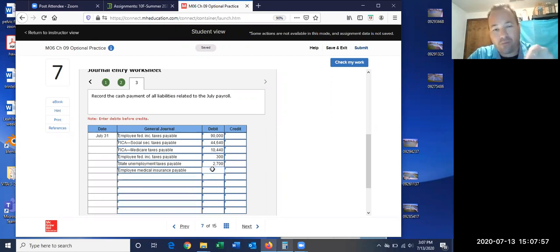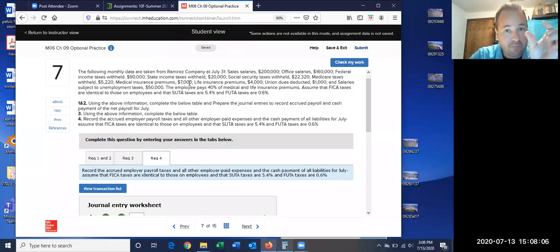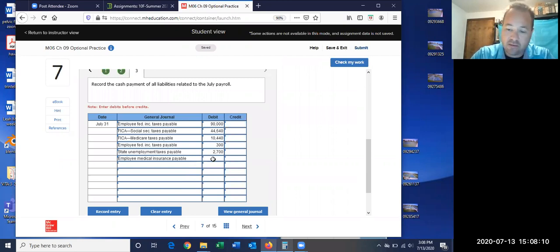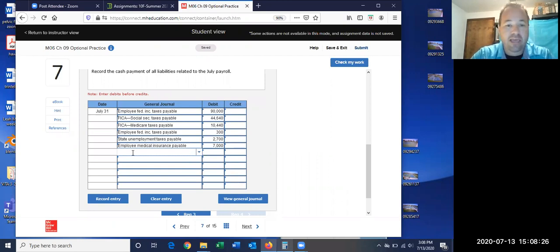When you added up both the employee and the employer, and it told you this in the very beginning problem, remember it was $7,000 for both of them combined. So I know that that's what's got to be paid, $7,000, because the employee and the employer portions together will add up to $7,000. And then for the life insurance, it was $4,000. So my life insurance payable, $4,000.